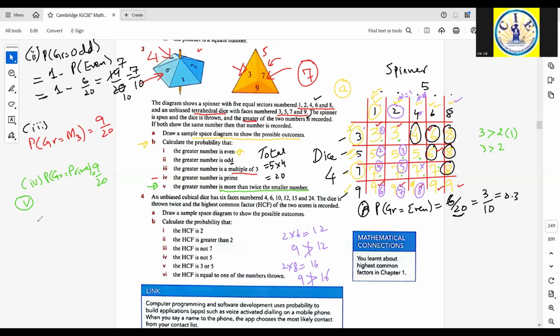So the probability that the greater number is even greater than twice of the smaller number is 8 out of a total of 20. This can be simplified: 4 twos are 8 and 4 fives are 20, giving 2 by 5. That's the final answer to this fifth part, and that completes question number 3 as well.